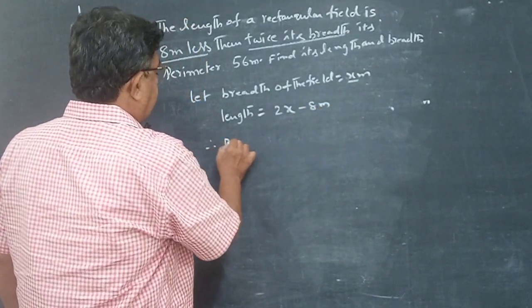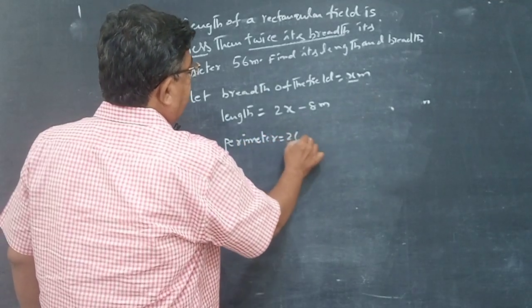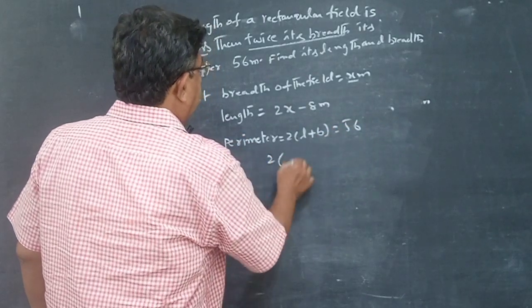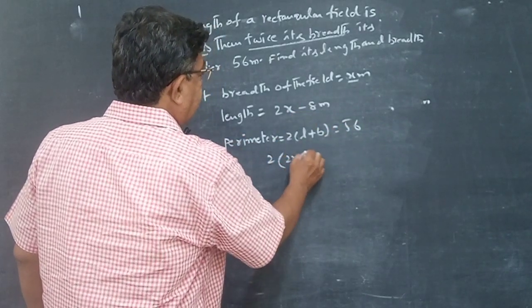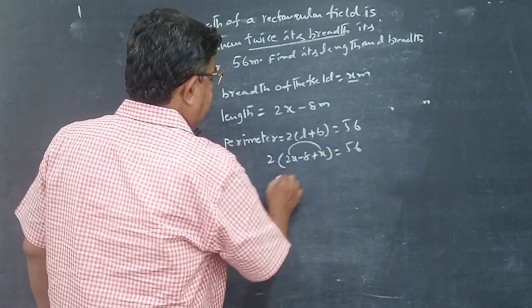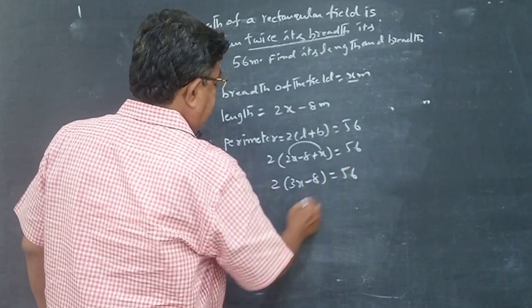Therefore perimeter of the rectangle, again we write 2 into (L plus B) equal to 56. 2 into (2x minus 8 plus x) is equal to 56. 2 into (3x minus 8) equal to 56.